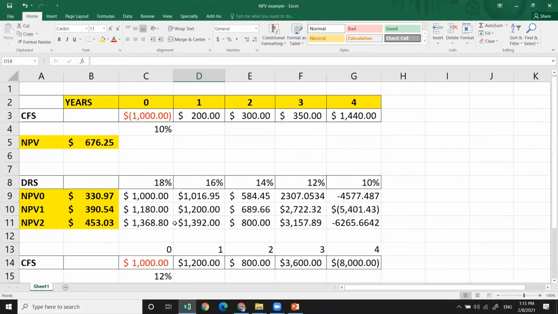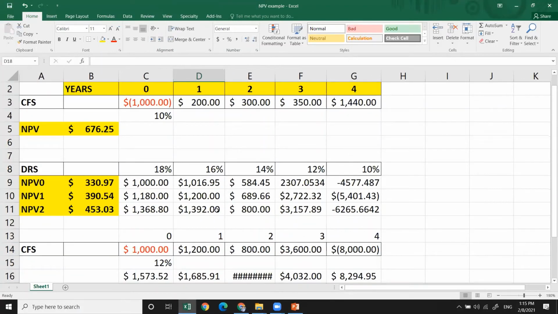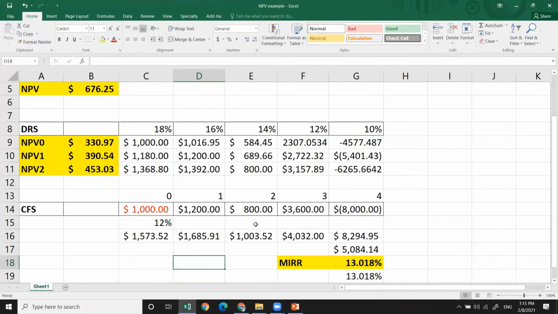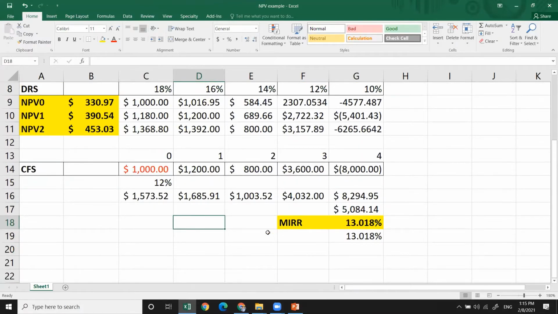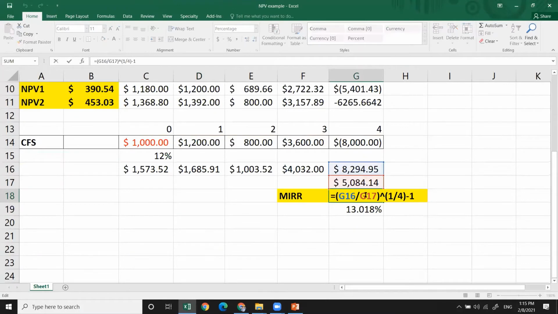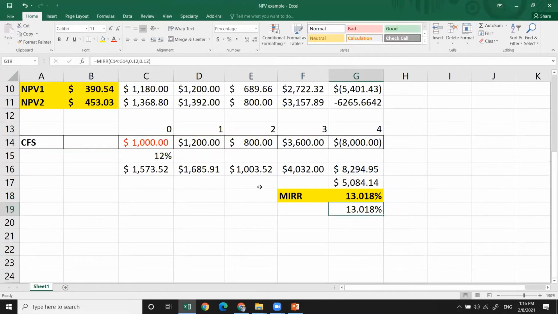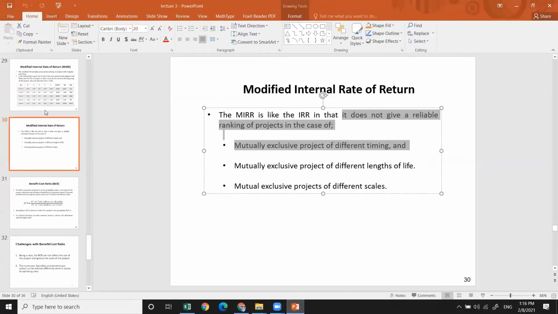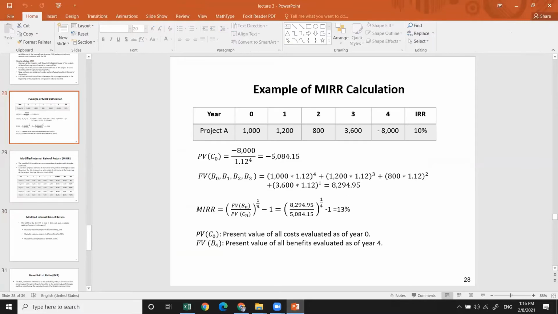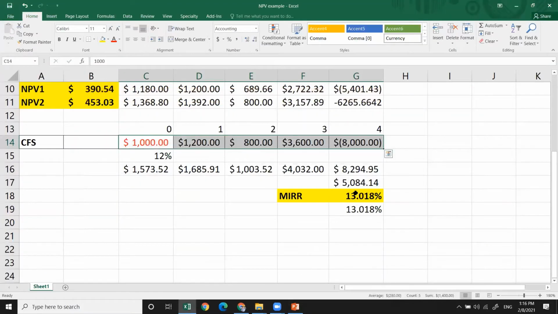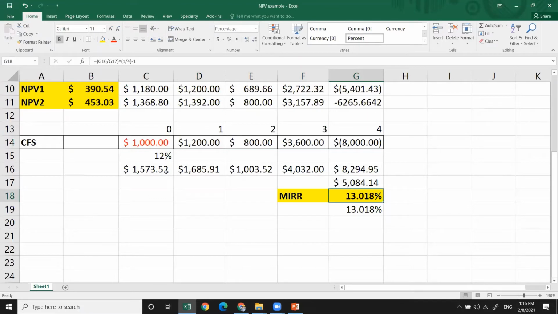Okay, we've got here some of the projects. This is what we have been solving with NPV, IRR and MIRR. We solved it by hand. The cash flows are given, like in the book, and we compounded all the cash inflows to the end of the year of the project, and we discounted the negative cash flow to year 0.